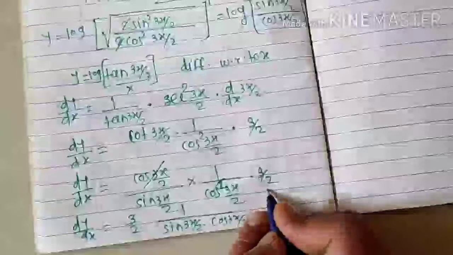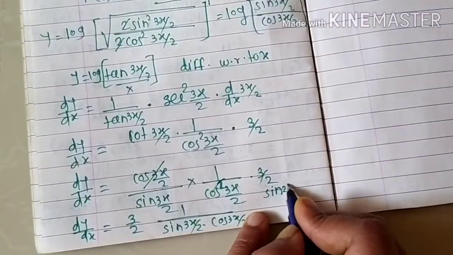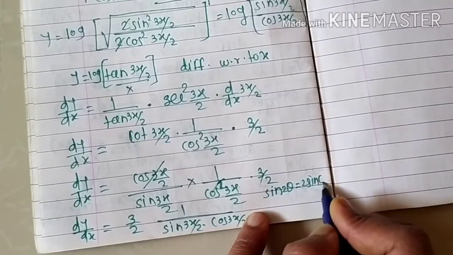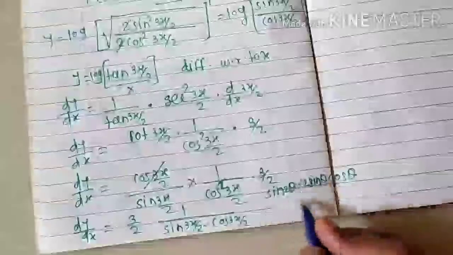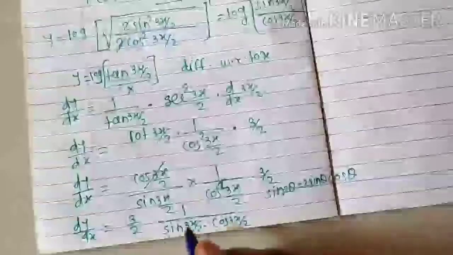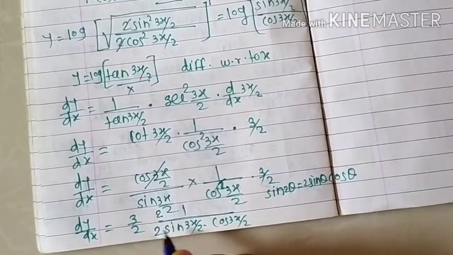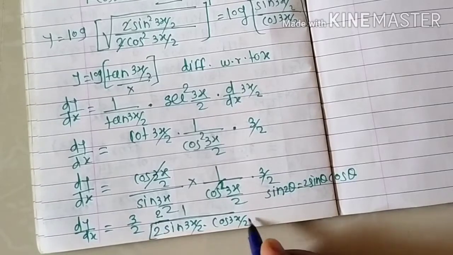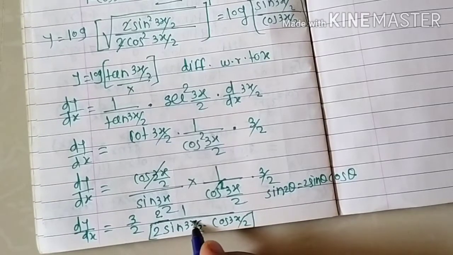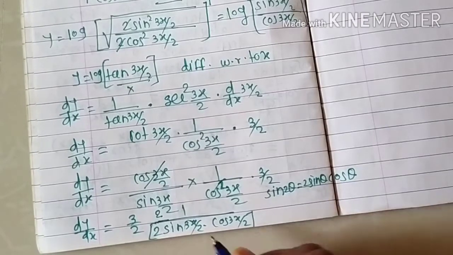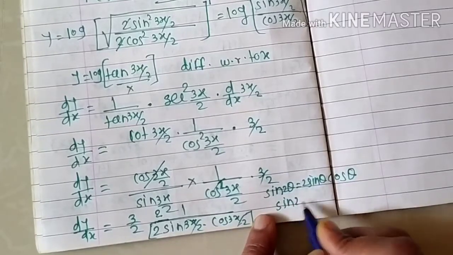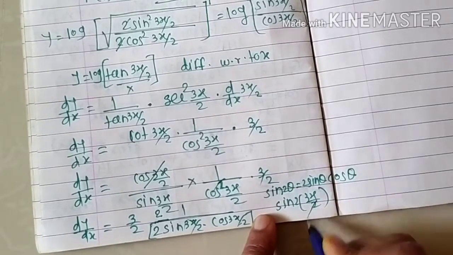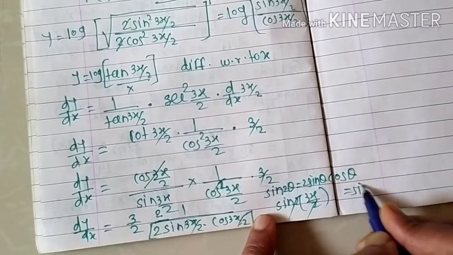Again, to use the standard result, sin 2 theta is 2 times sin theta into cos theta. Here theta means 3x by 2, but to apply this we need a 2 in front, so we divide and multiply by 2. Then the denominator is sin of 2 times 3x by 2, and the 2 cancels, leaving only sin 3x.